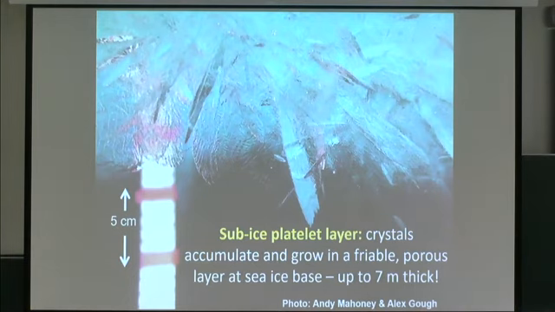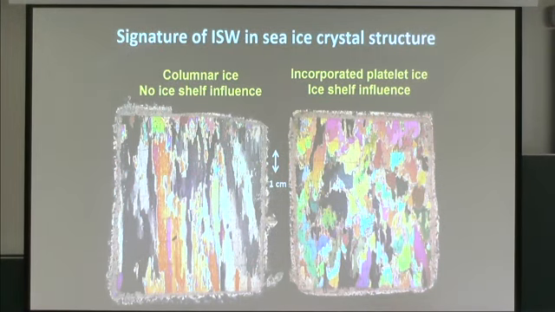I want to focus on how this layer turns into this. So these are thin sections of sea ice. This is sea ice once it has grown so that it has very low porosity. We're taking thin sections, so samples, very thin slivers of ice, and looking at them in cross-polarized light.